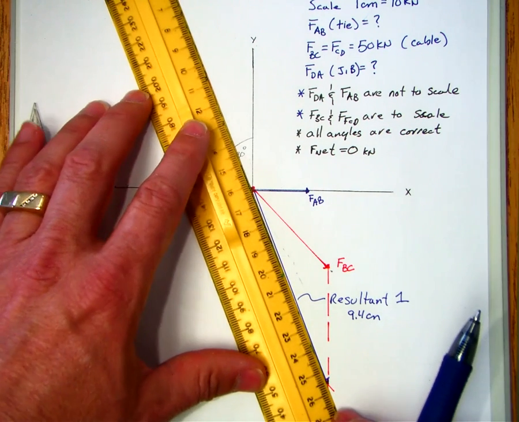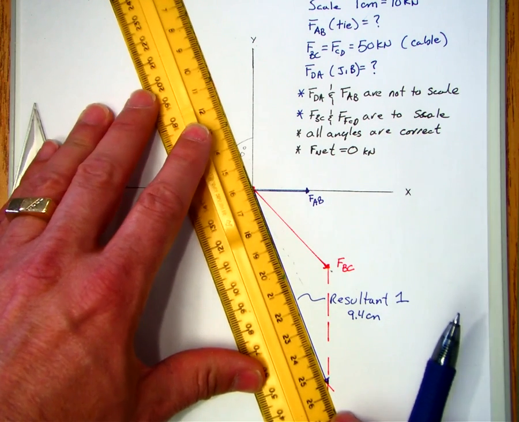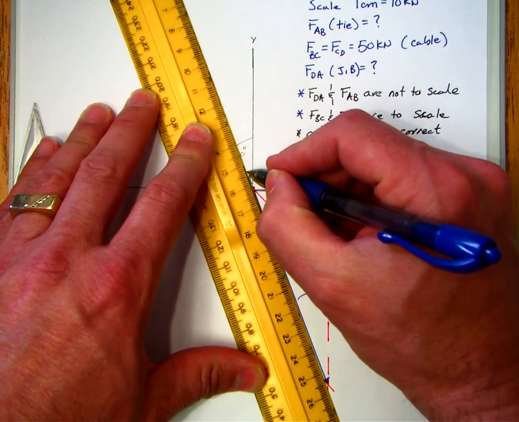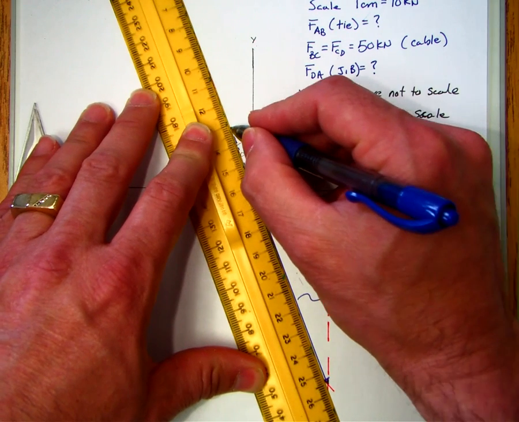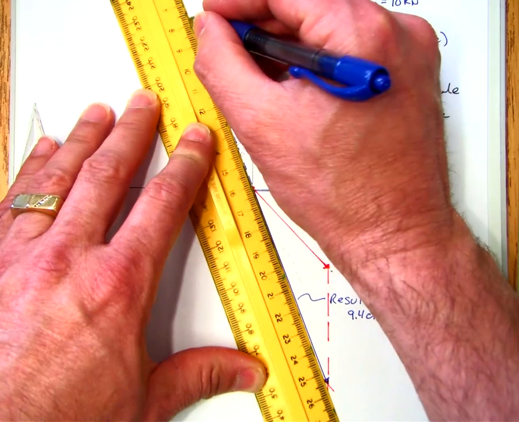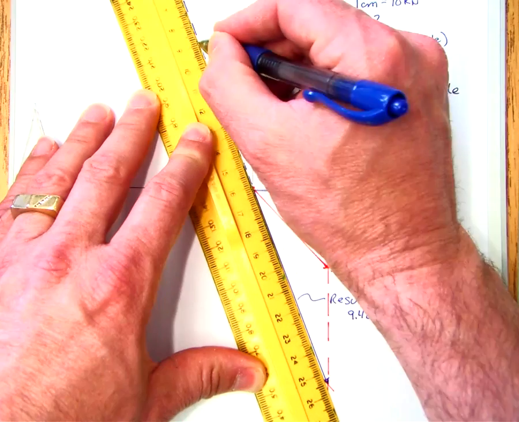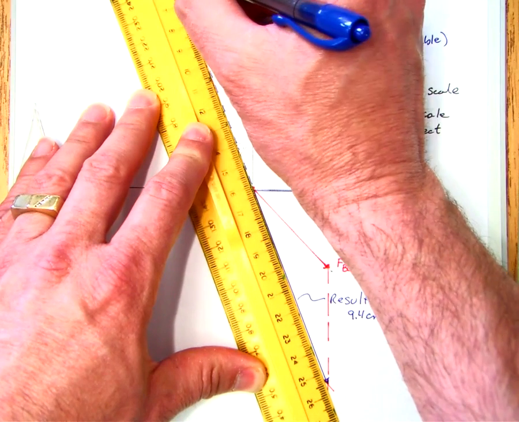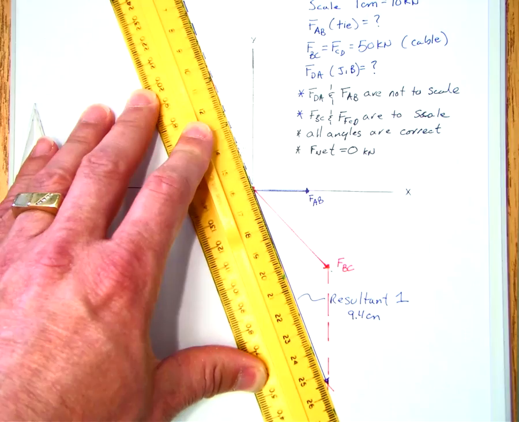So I'm going to extend a line backwards, like so. And this is the line of action, and the equilibrium ought to be on that line of action.